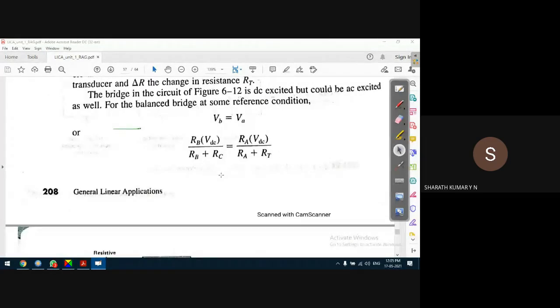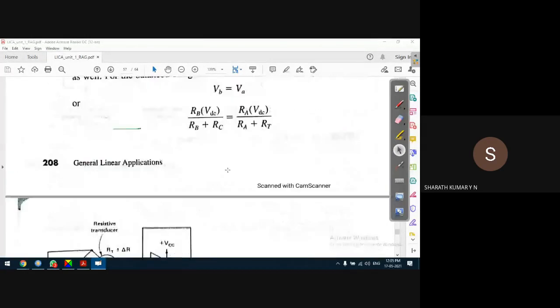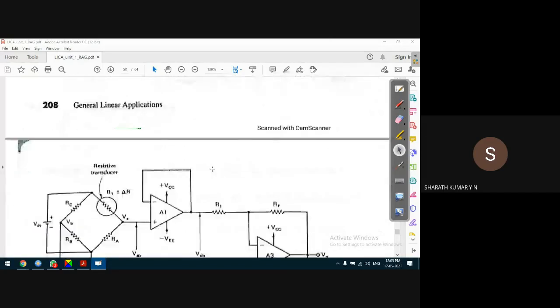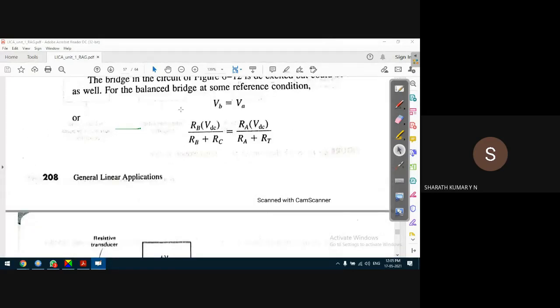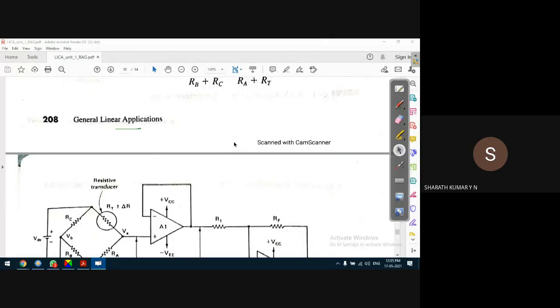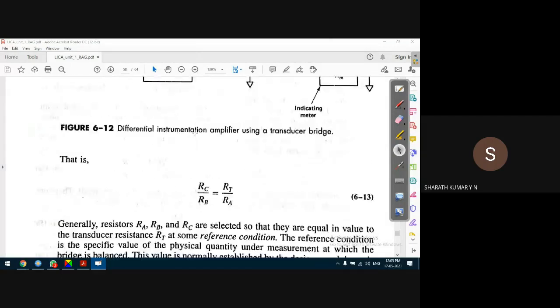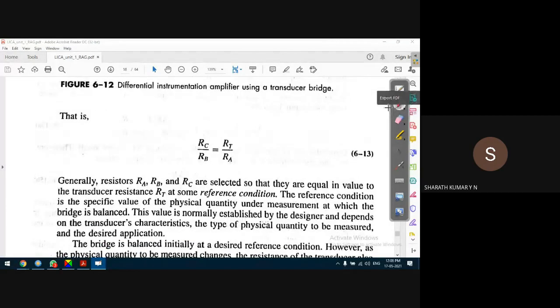Using the equivalent resistance combination there is a bridge, with RA, RB, RC, and the transducer resistance RT plus delta R. We can derive the equation assuming the input is DC, but as the author says, the input voltage can also be AC. Under balanced condition, RC by RB is equal to RT by RA.